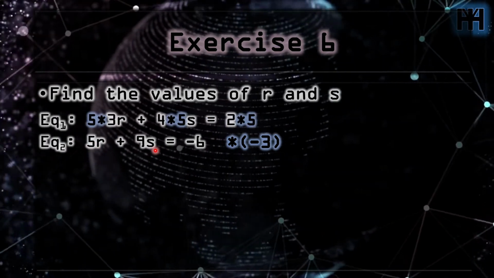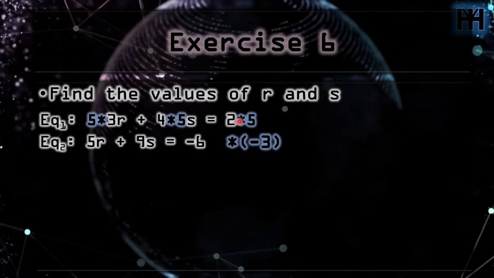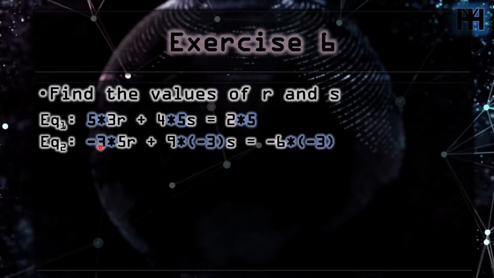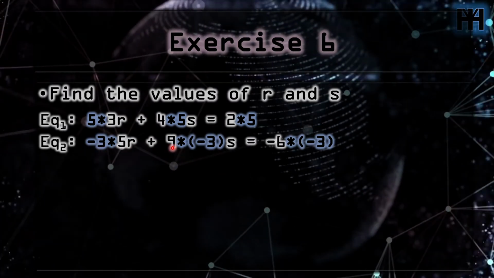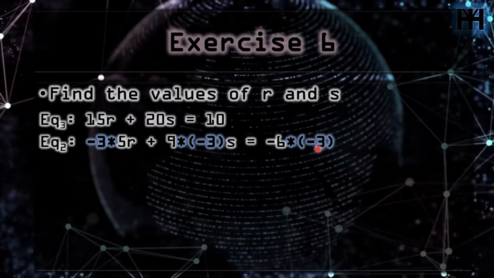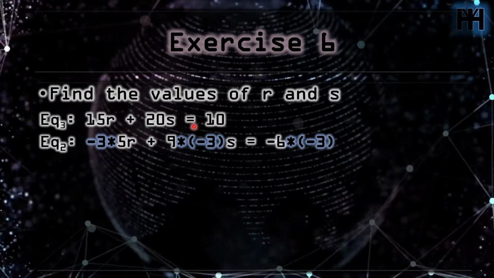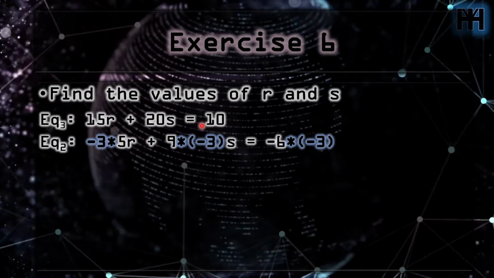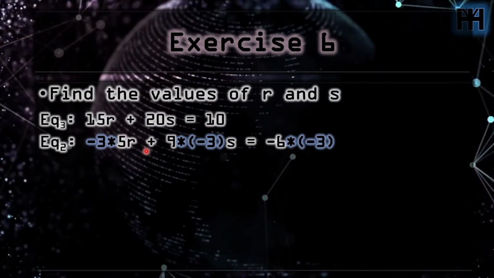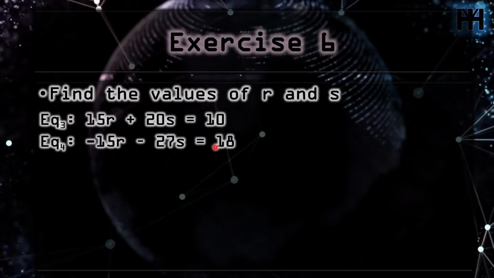So we have 5 times 3 and 4 times 5s equal 2 times 5, and here we multiply by negative 3. So the first equation will be 15r plus 20s equal 10, and the second equation will be negative 15r minus 27s equal 18.